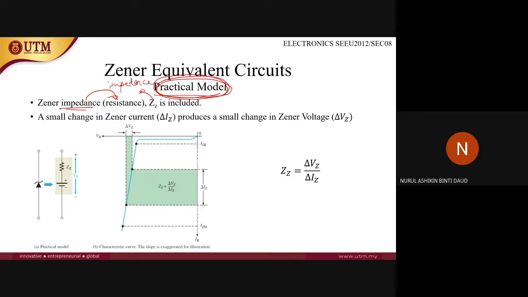A small change in Zener current, delta IZ, produces a small change in Zener voltage, delta VZ.